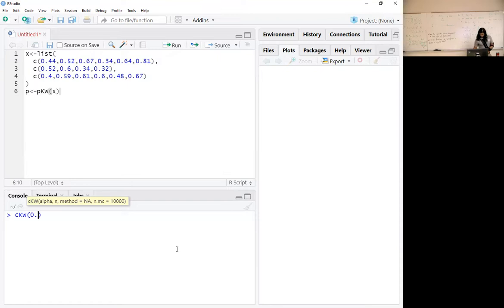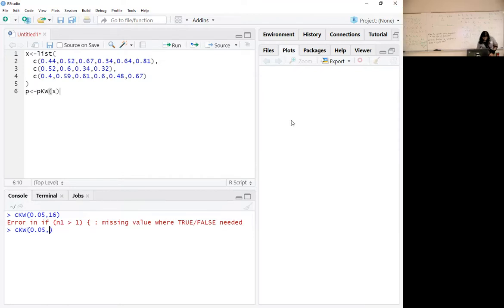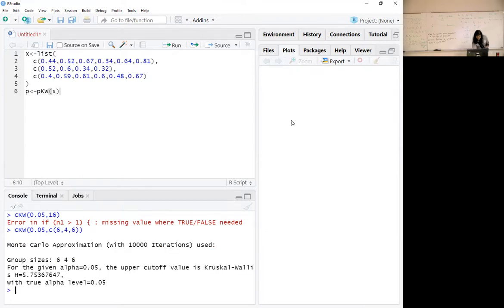They're using alpha, so let's just put 0.05. And the number of observations, which is 16. I believe they did it this way. And we end up getting 5.75 as the critical value.